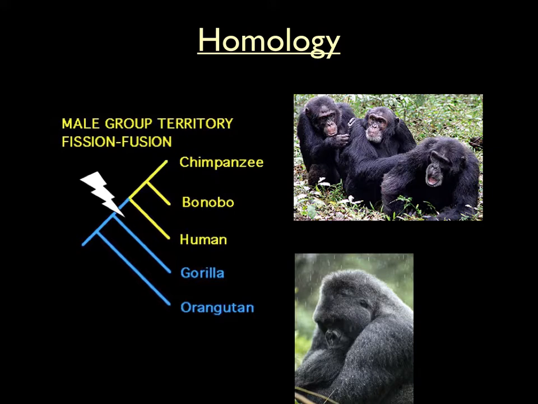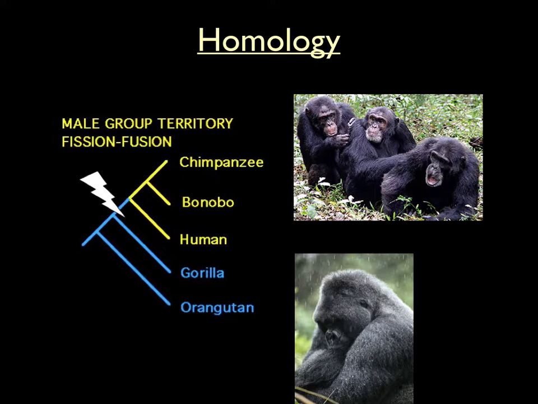So chimpanzees, bonobos, and humans, we often see male groups forming coalitions to defend a resource or a group of other individuals, but we don't see this same type of social organization in gorillas and orangutans. So one explanation for the fact that we see male groups in chimpanzees and bonobos and humans is that we have a shared evolutionary history.